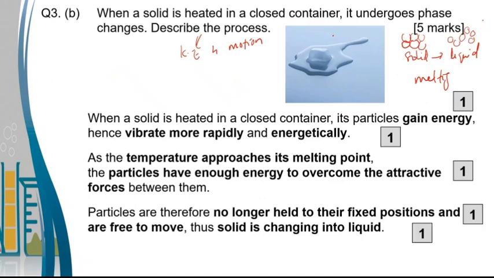No longer held to their fixed position, 1 mark. Solid is changing into liquid, 1 mark. So altogether there are 5 points. You need to put in 5 points because this question allocates 5 marks, so you must have at least 5 points.